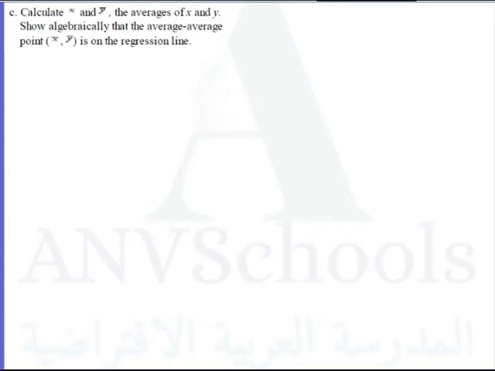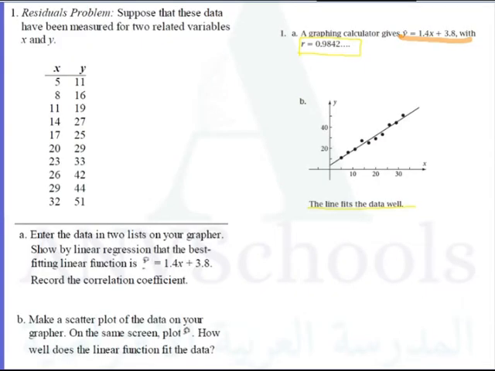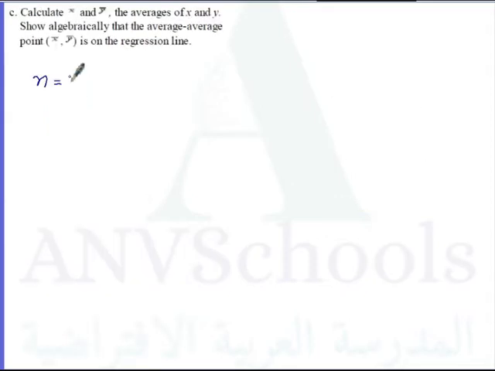First, to get our x, let us take note that n is the number of data points. X is 1, 2, 3, 4, 5, 6, 7, 8, 9, 10, so n is equal to 10. Now let us compute the average of x. X bar is equal to the summation of all x's divided by n.